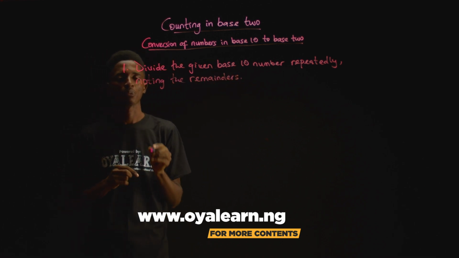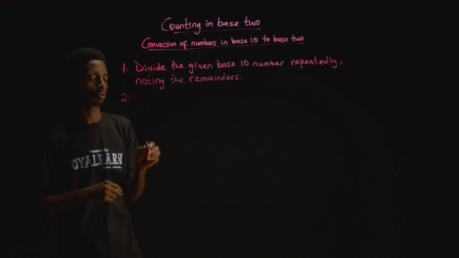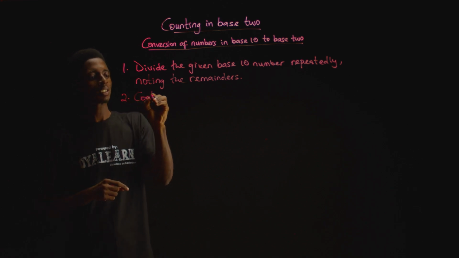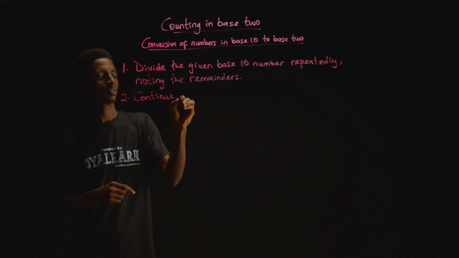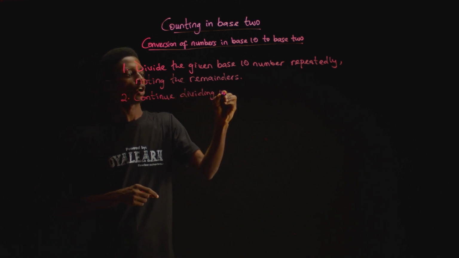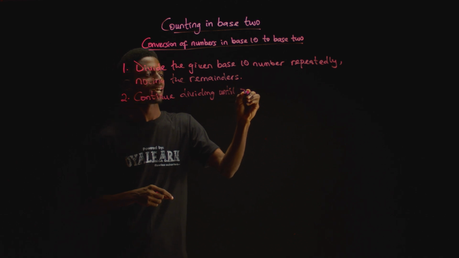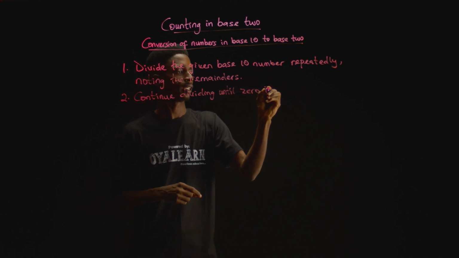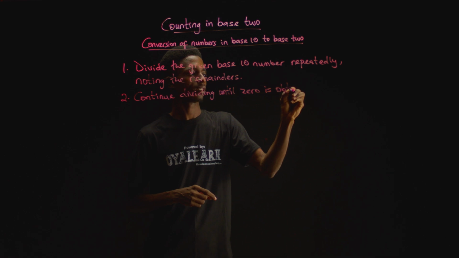That's step 1. Then step 2, you continue dividing until 0 is obtained.